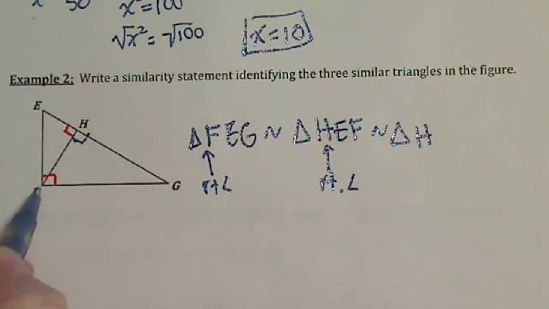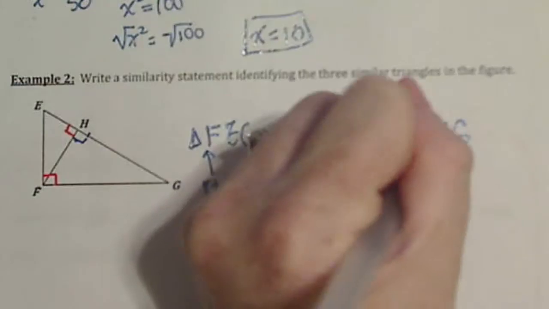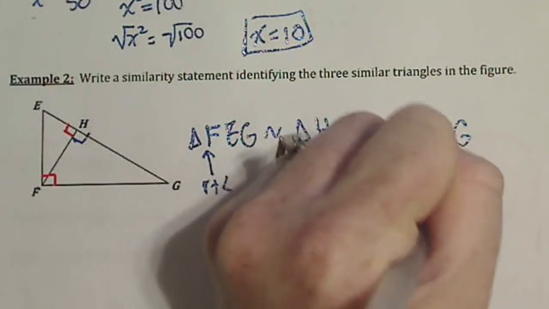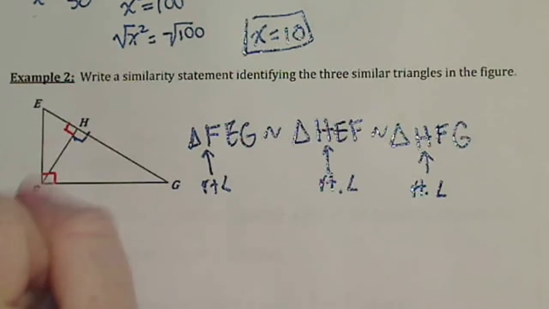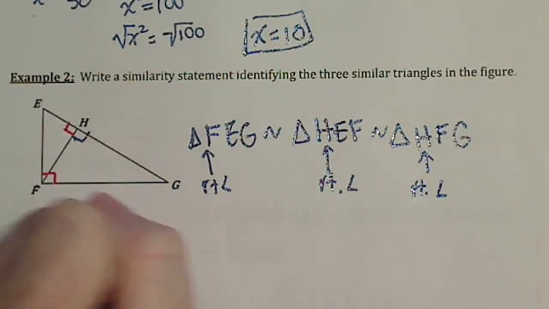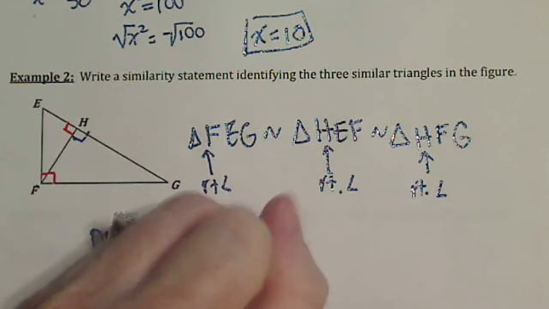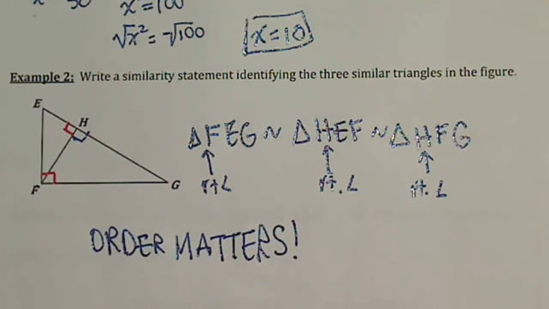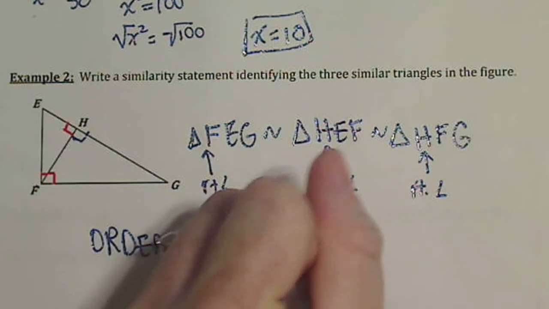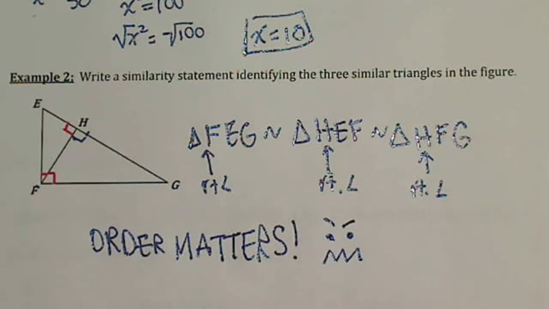G is going to be last in this triangle right here. So H, F, G. When you're writing a similarity statement, order matters. I will be checking the order of your letters. You must make sure that you look at your letters.